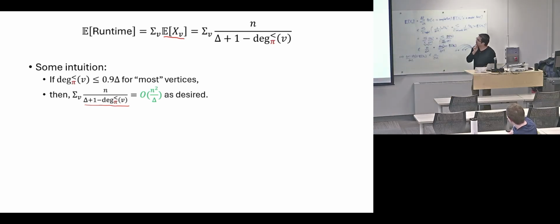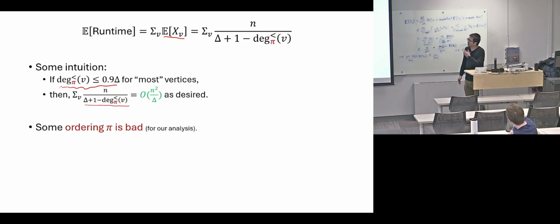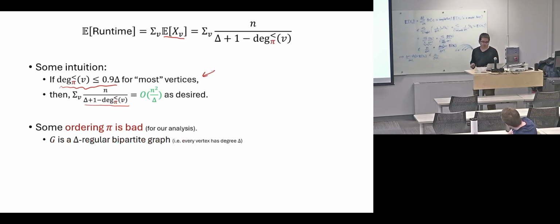But can we hope for this? If our pi, our ordering, would satisfy this one, then we are good. But actually, it's not always the case that every ordering would satisfy this. So let's look at some example.